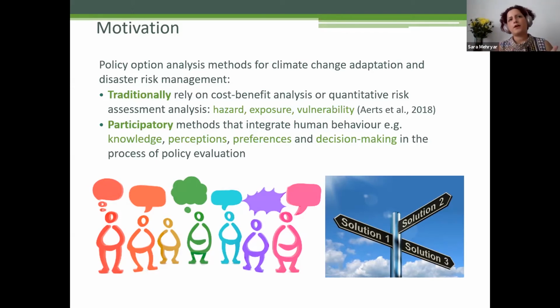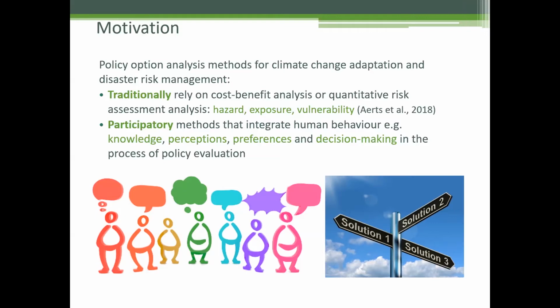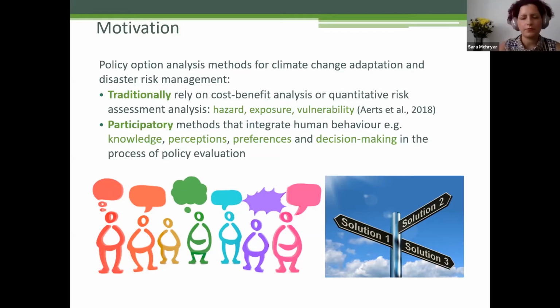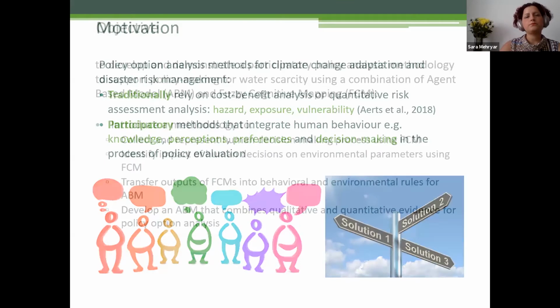On the other hand, we have participatory methods that have been used a lot recently and are getting more and more attention, which try to integrate human behavior into the process of policy option analysis.